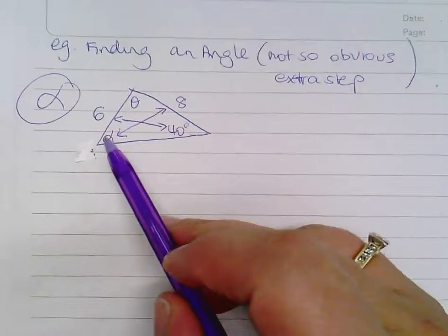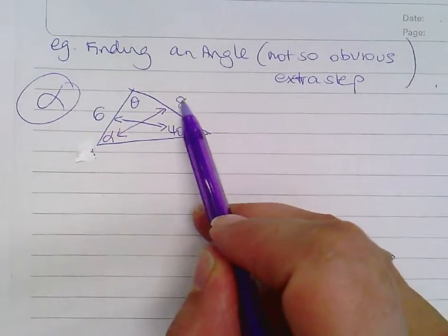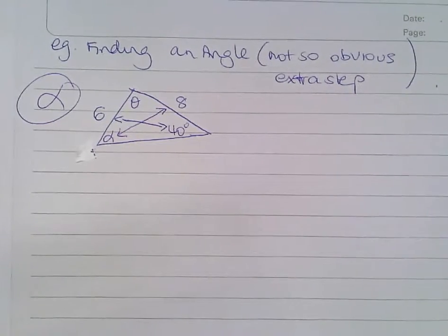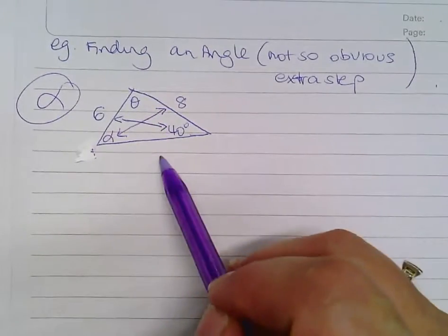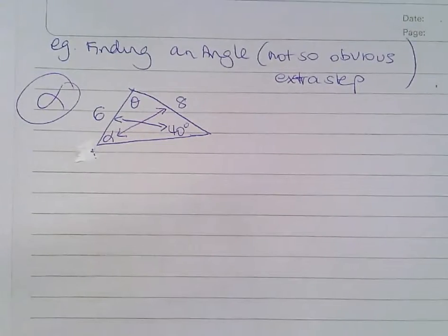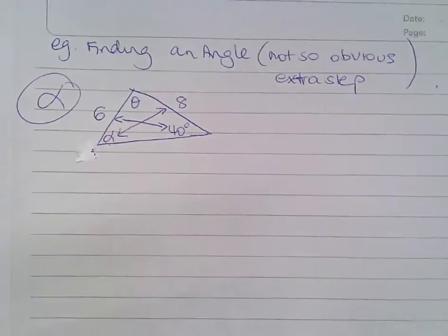How am I going to find the pair? I can't pair this theta up with anything. There's nothing to pair it with. If you do decide to find this here, you're going to find a side length, not theta. And then what are we going to do? Not much. So we're going to find alpha instead.